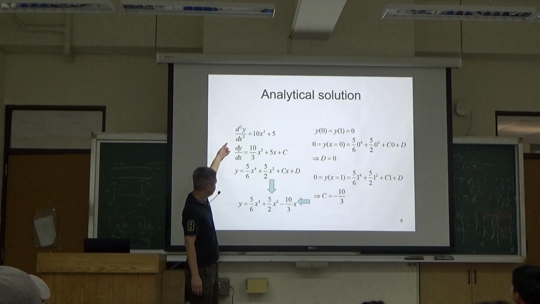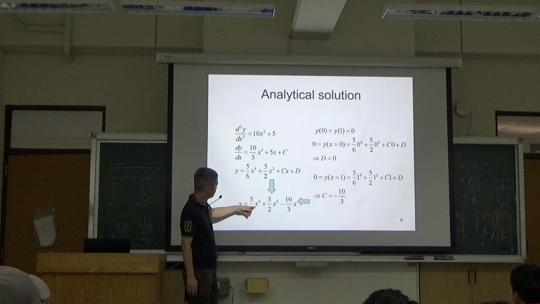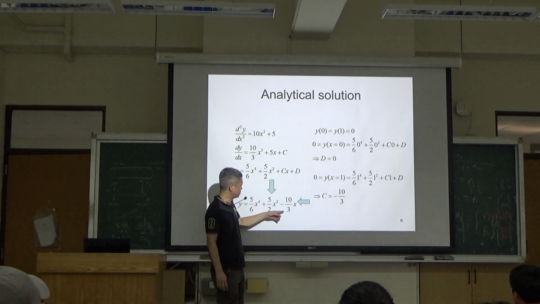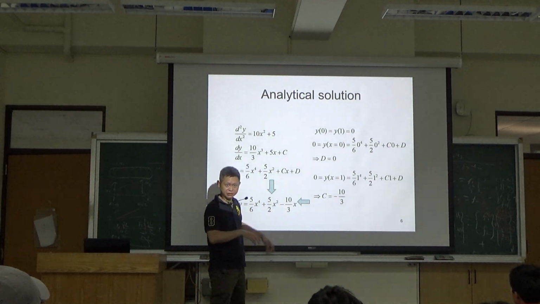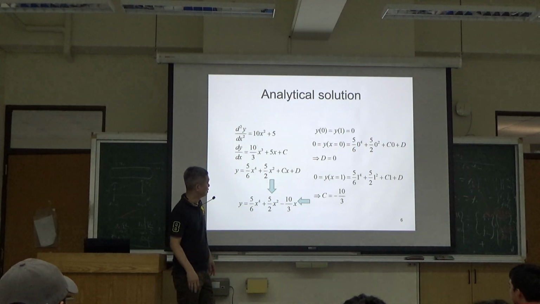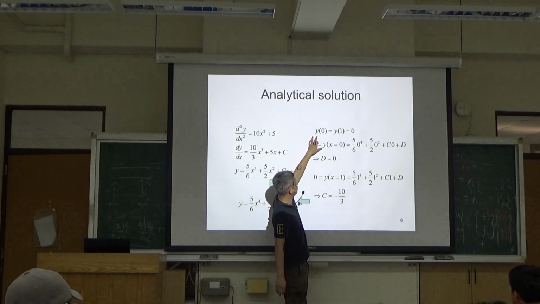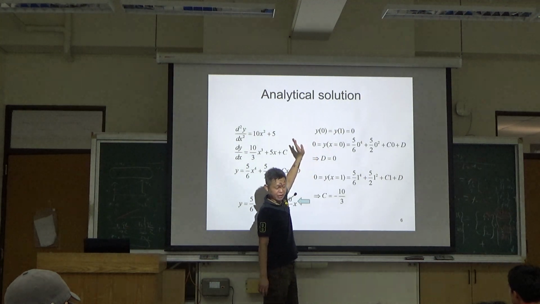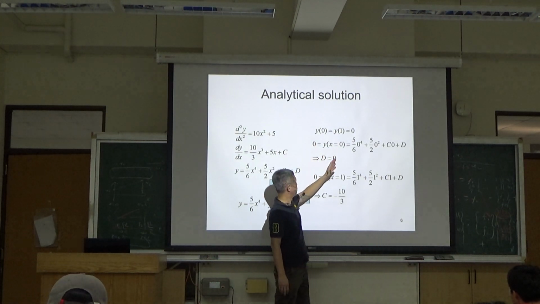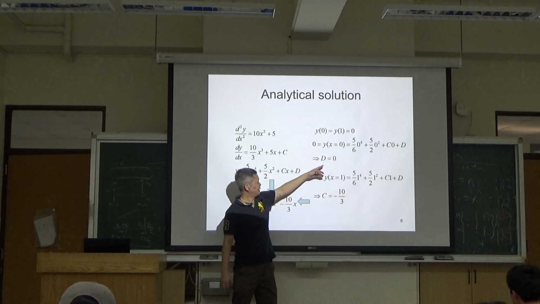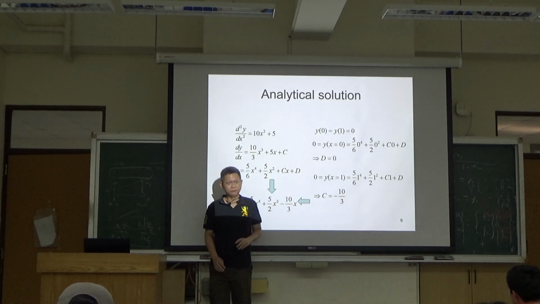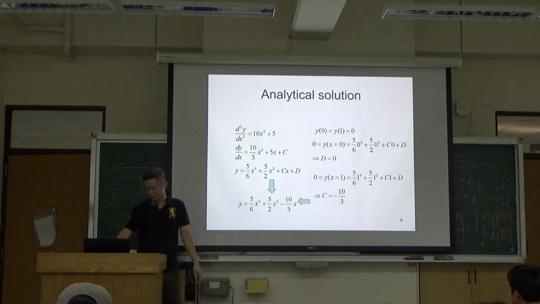So this integration will give you y is equal to a cubic function plus a square function minus a linear function. That's the exact answer. How to obtain this? You have to sub in the boundary conditions. The boundary on the left hand, the boundary on the right hand, what are the values? And in the end you find out the coefficients C and D. So this is the way of calculations.